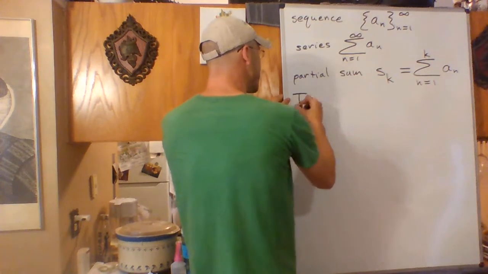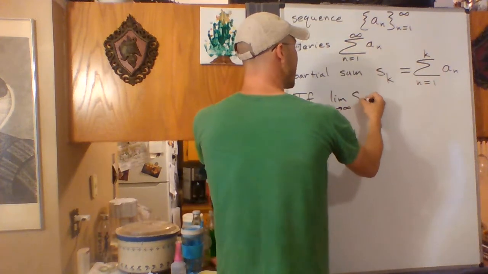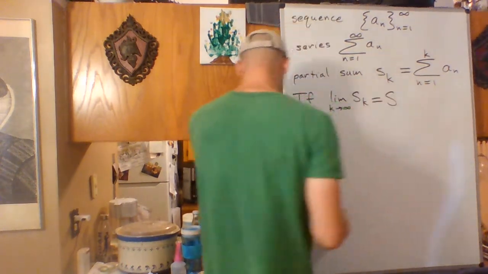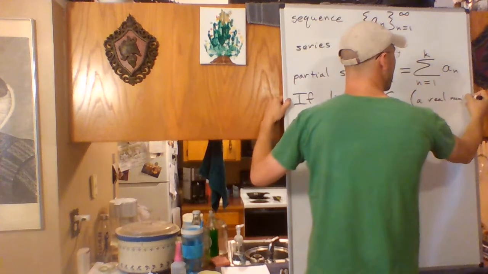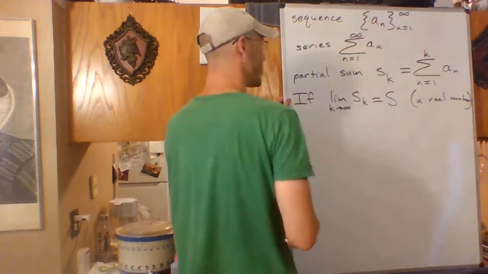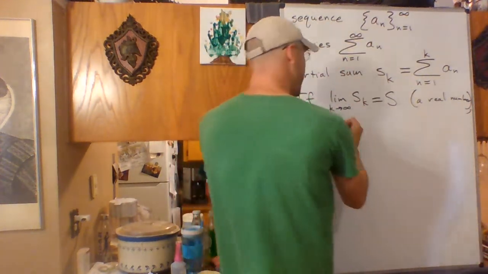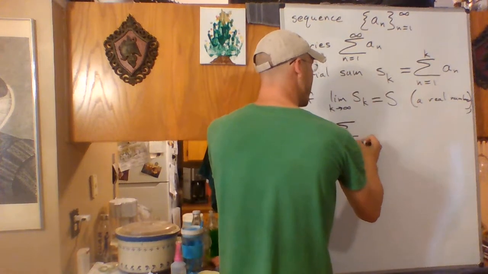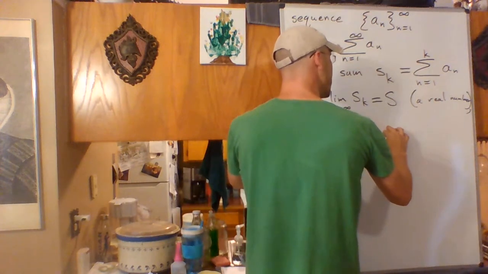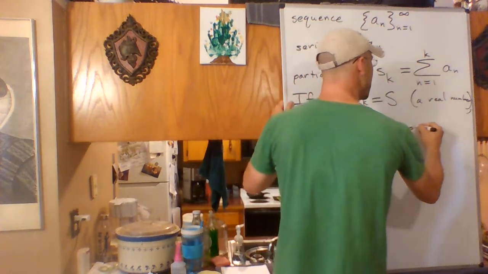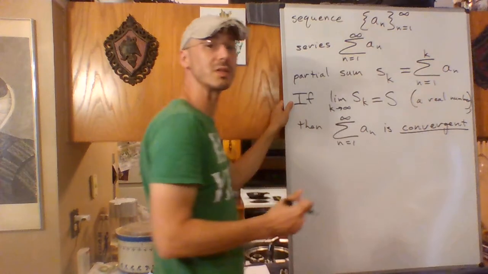And so it goes something like this. If the limit as k goes to infinity of s_k is equal to s, a real number, then the series from n equals 1 to infinity of a_n is convergent, or converges is another way to say it.